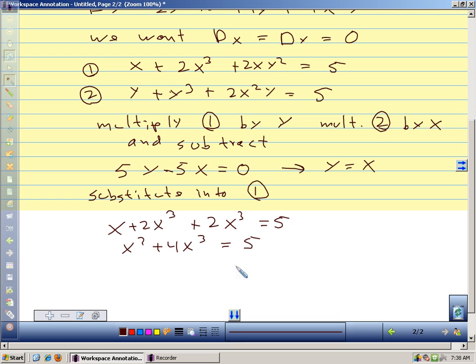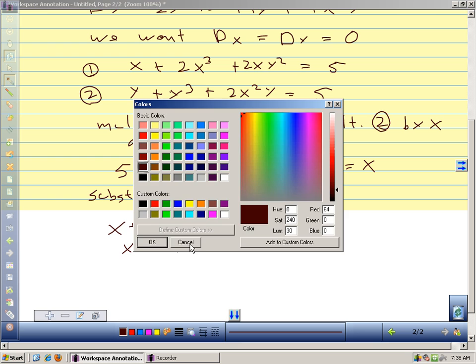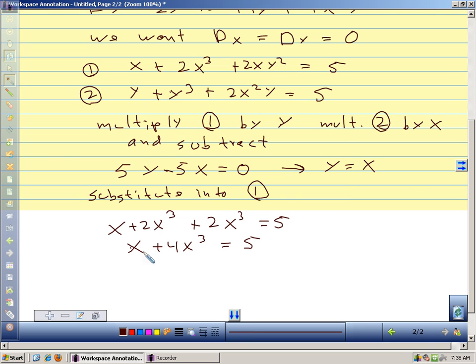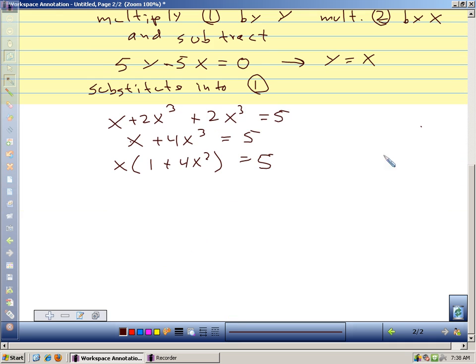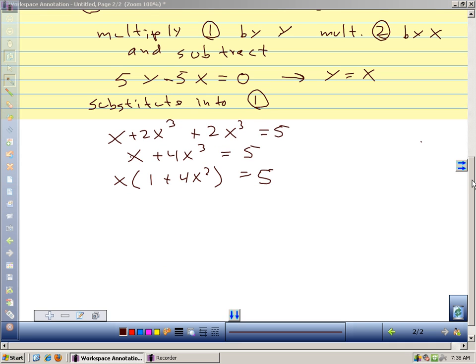Now, how do we solve this? I don't have an x squared, I just have an x. So Scott says factor, so let's say, or we just factor in an x, like so. Any ideas? What do we come up with?